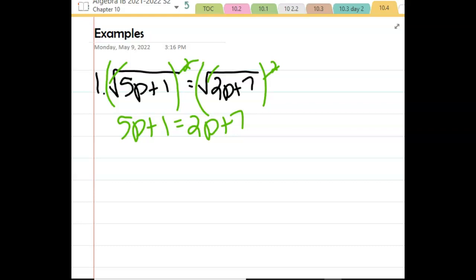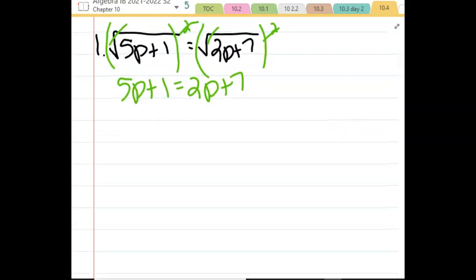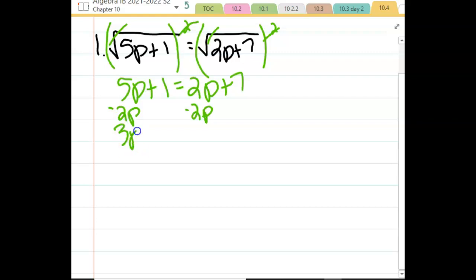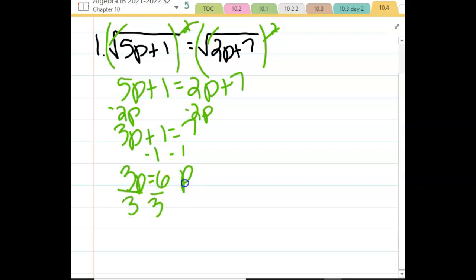Now this equation has variables on both sides of the equal sign, so taking it back to the beginning of the year, you first need to get your variables in the same place. So if I subtract 2p from both sides, 5p minus 2p is 3p plus 1 equals 7. And then we have a two-step equation. Subtract 1, 3p equals 6. Divide by 3, we should get p equals 2.